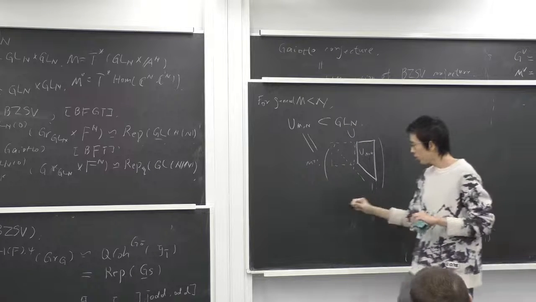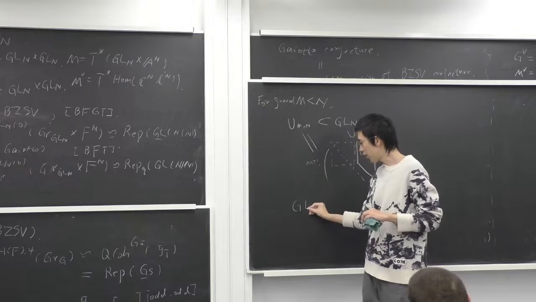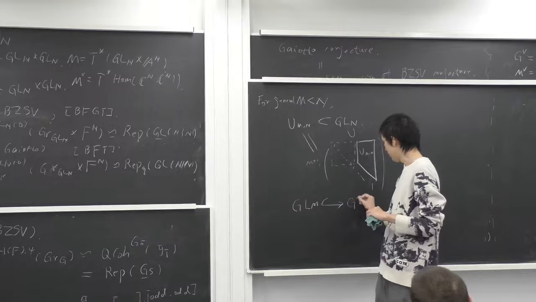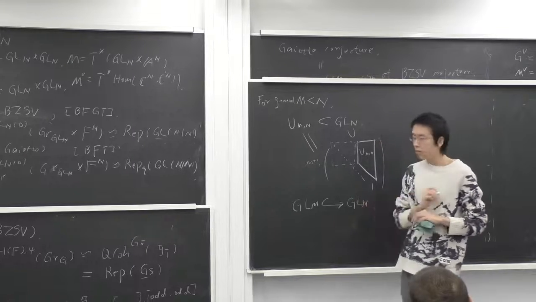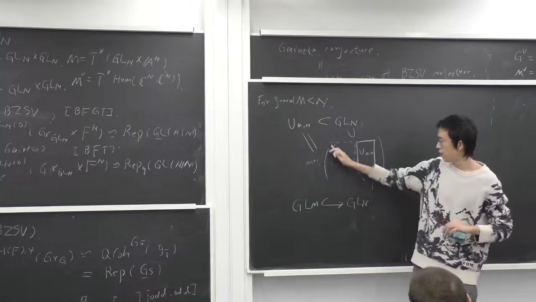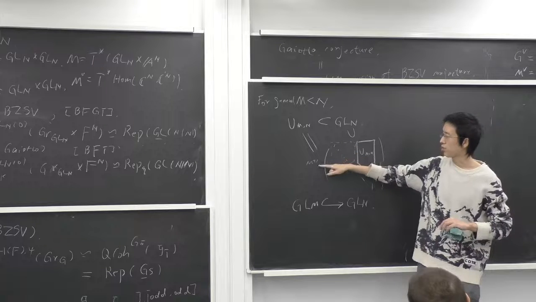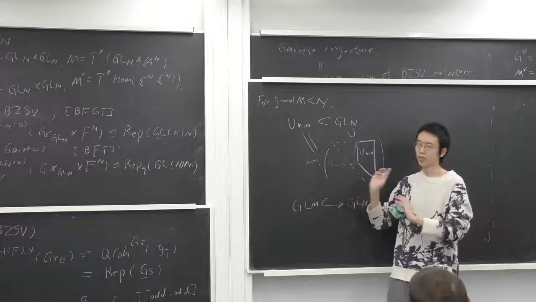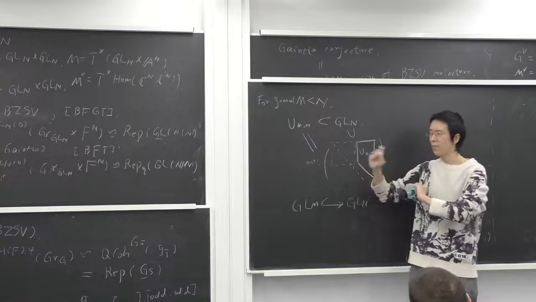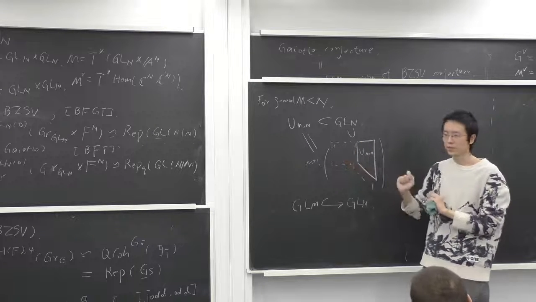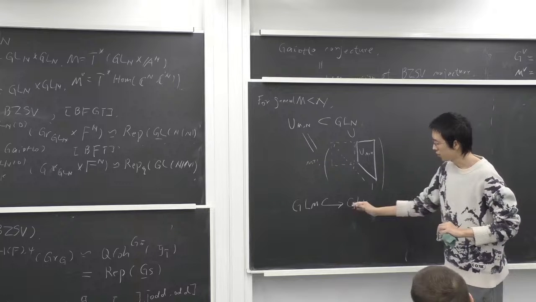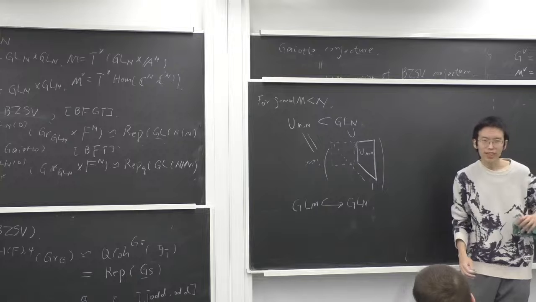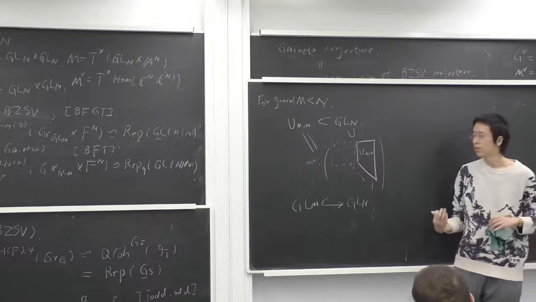Then you notice that you can embed your GL(m) into your GL(n), which is given by embedding into the top left corner. Because there is an (m+1) times (m+1) block, you can embed your GL(m) into the first m rows and columns. This way you regard GL(m) as a subgroup of GL(n), and you have a conjugation action of GL(m) on your U_{mn}.